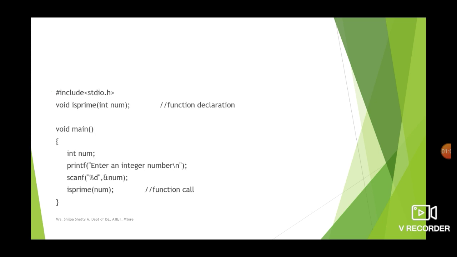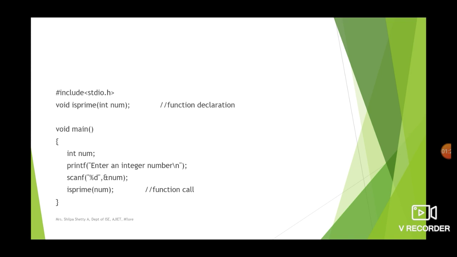So here is a program. First, #include <stdio.h>. In this program we are using scanf and printf built-in functions, and these functions are defined in the stdio.h header file, so we have to include the header file in our program. The next line is the declaration of the function isPrime.